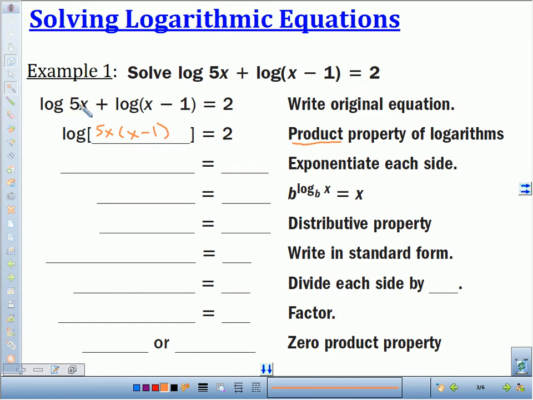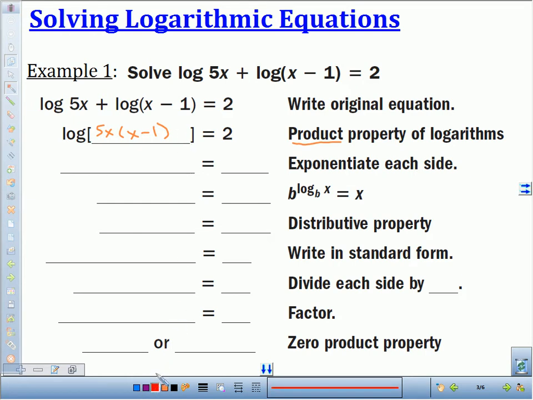So log of 5x plus log of x minus 1 becomes log of 5x times x minus 1. I multiply them together. Now that I've done that, you can see I have one logarithm. And as long as I have one logarithm, I can exponentiate each side.